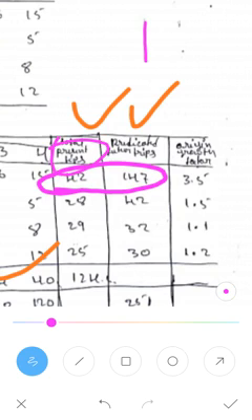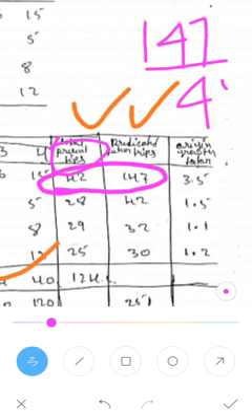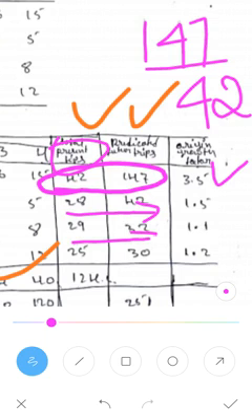147 divided by 42. If you divide this, you will get 3.5. This is how you do it for every trip.